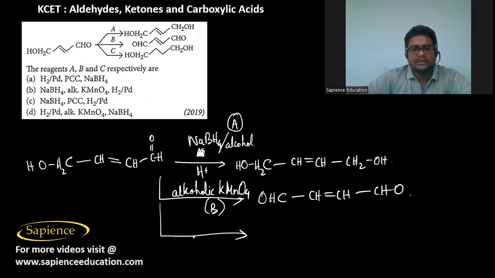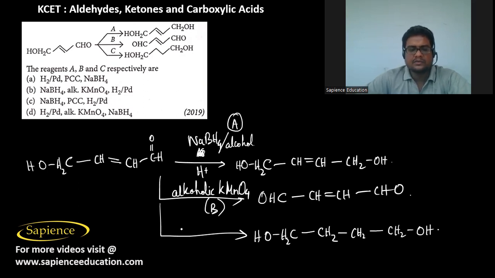And if we use the reagent C, then it will keep the alcohol group as it is, and it will reduce the alkene into an alkane, and it will also reduce this aldehyde into an alcohol.